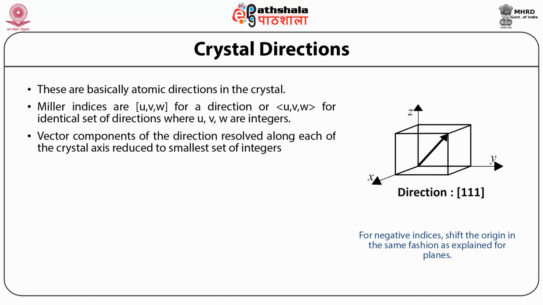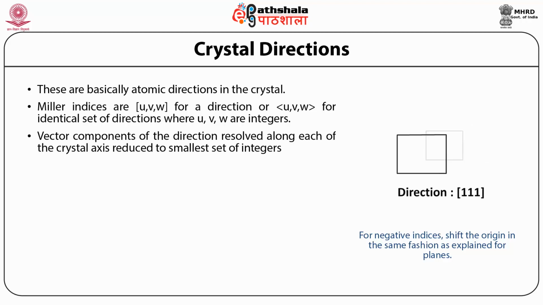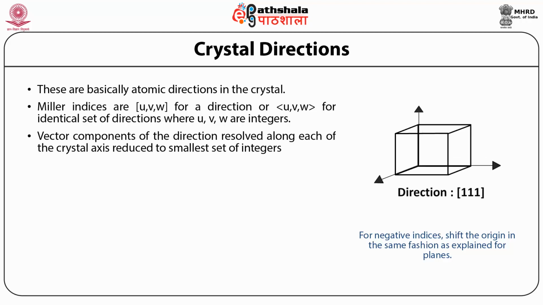These are the vector components of the direction resolved along each of the crystal axes, reduced to the smallest set of integers. You can see on the left-hand side the figure shows a cube with the direction 1 1 1. So how do we locate this direction? Let us take the example.